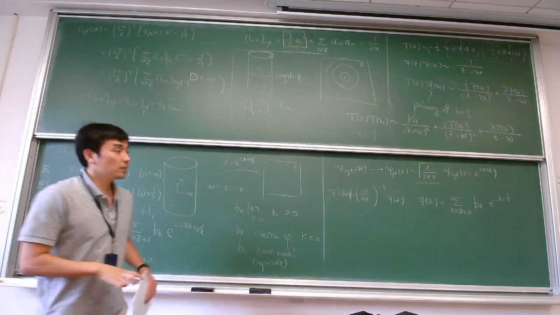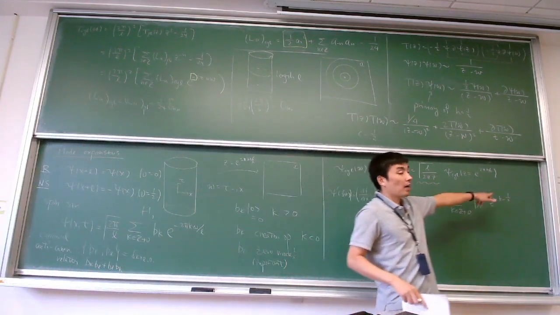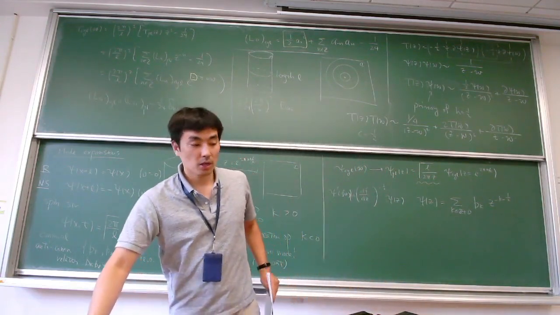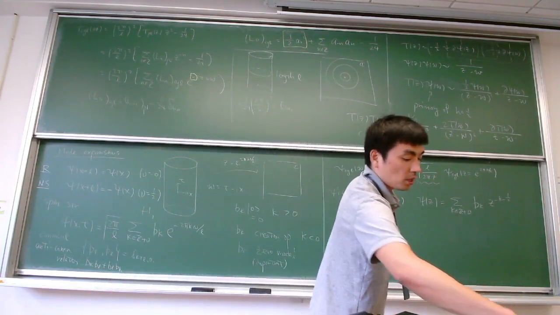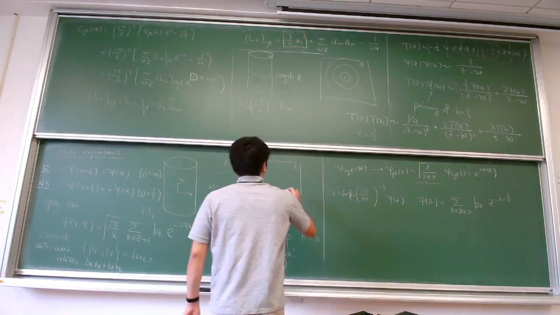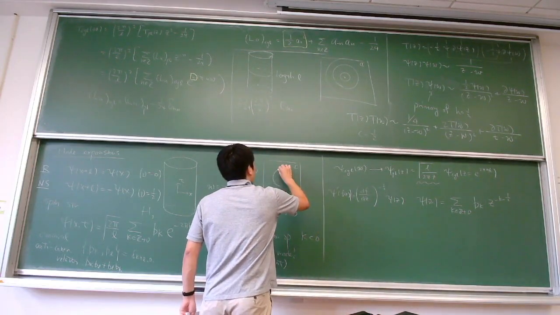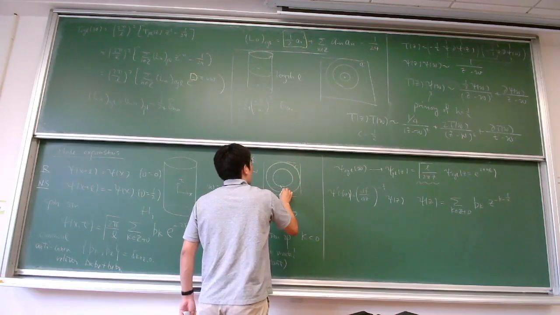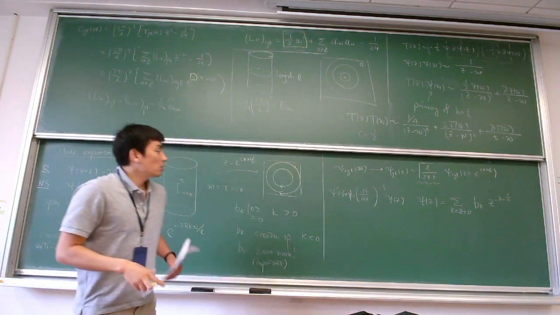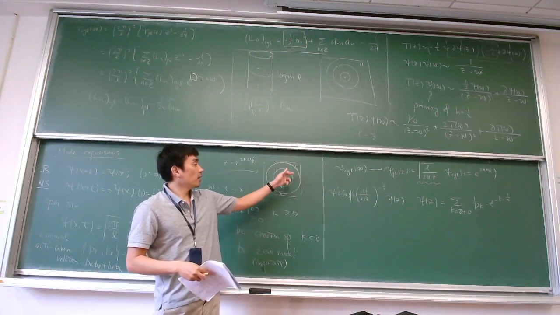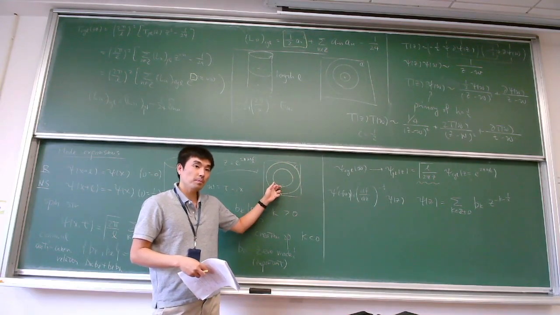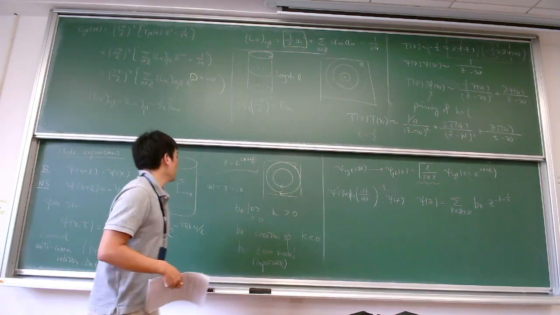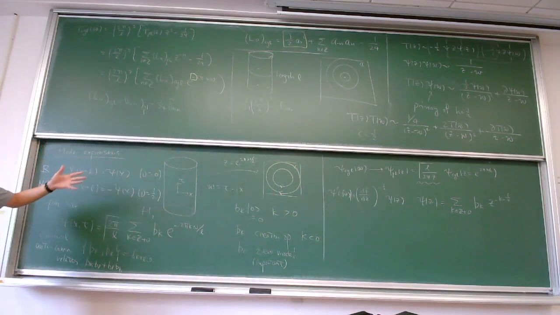But since there is a minus 1/2 shift from the conformal factor, if you identify the circle, once you move around 2 pi, the boundary condition becomes the opposite.